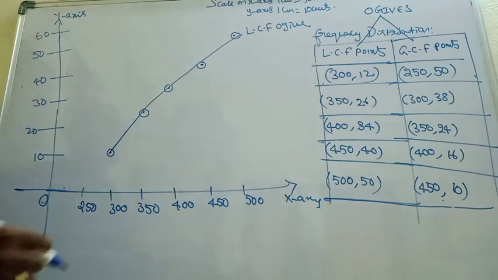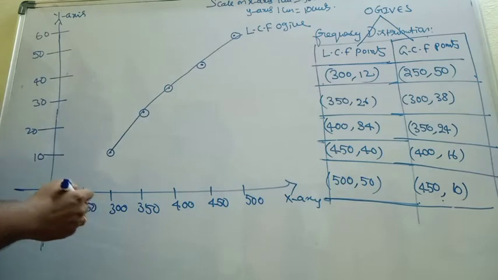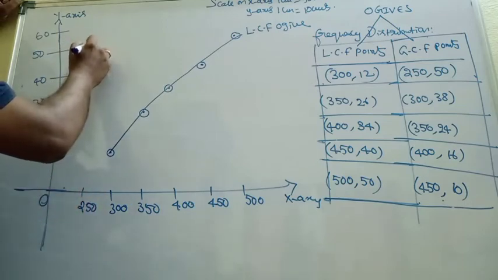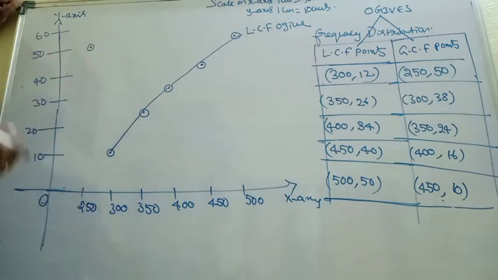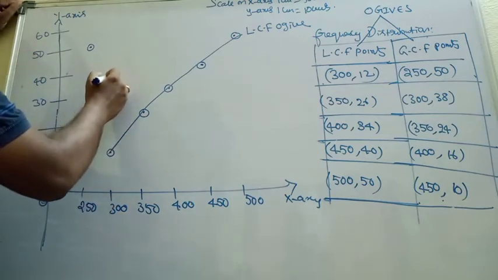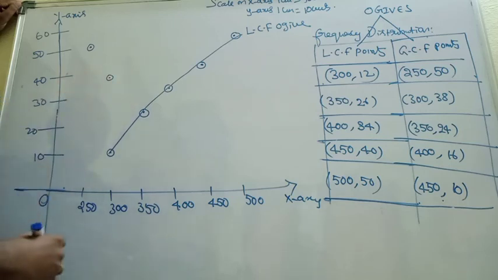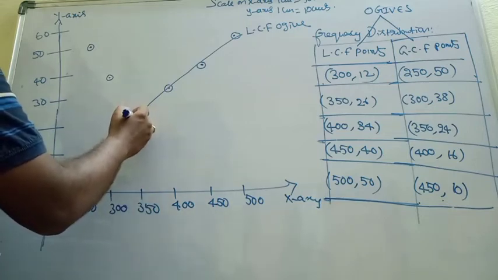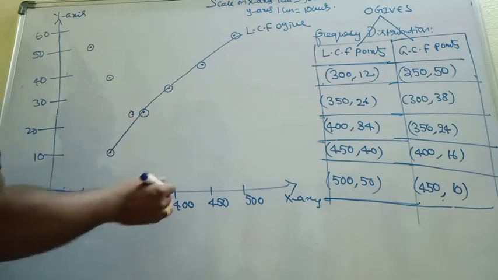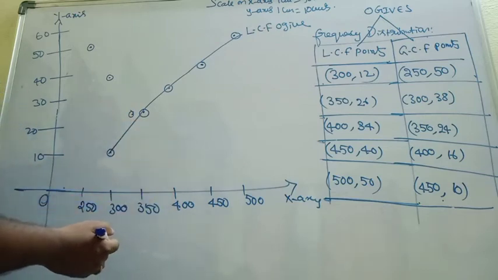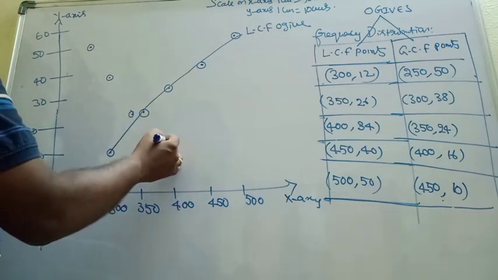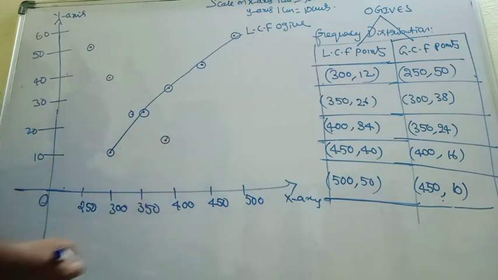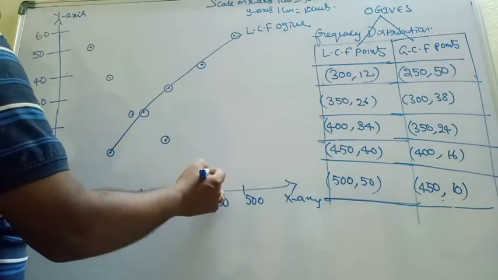Next, the GCF Ogive. We have 250 comma 50, 300 comma 38, 350 comma 24, 400 comma 16, and 450 comma 10.